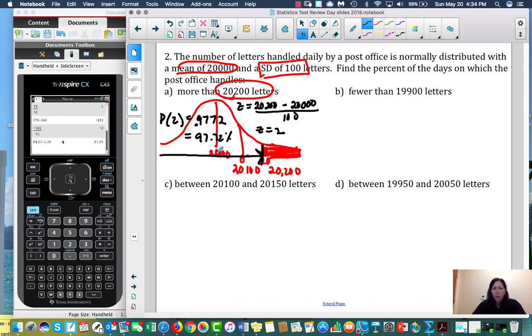So in order to find the remaining part, I either subtract 1 minus 0.9772, or I go 100 minus 97.72%. And that's going to equal this value in here, which is 2.28%. So this space in here is 2.28%.